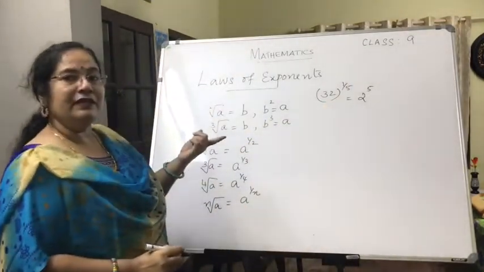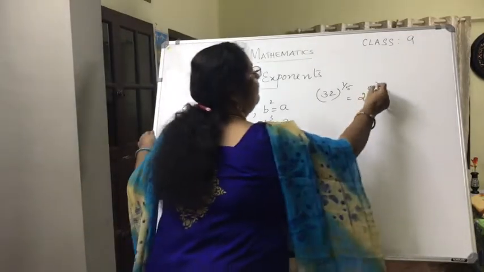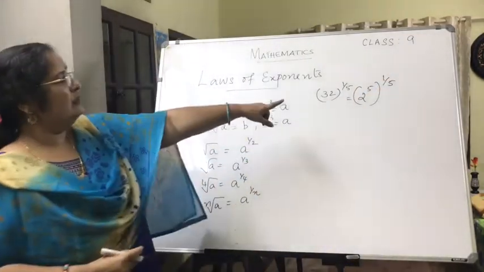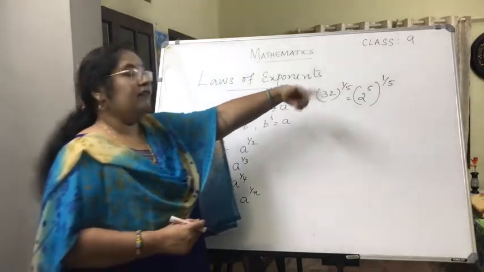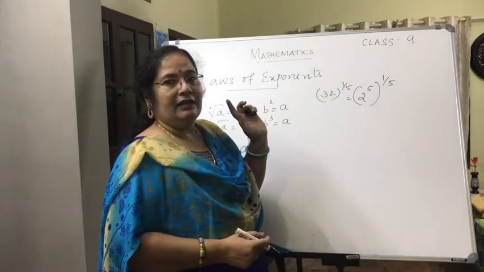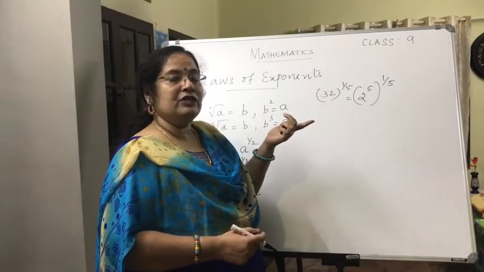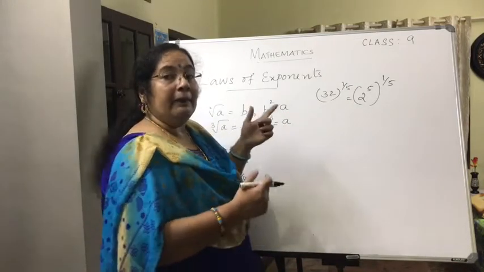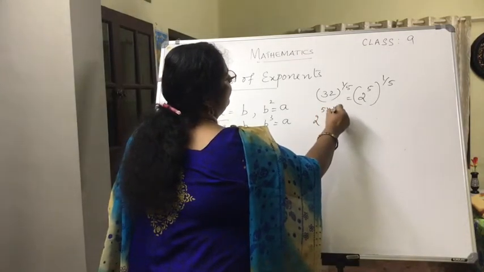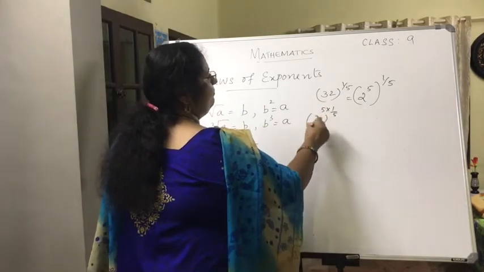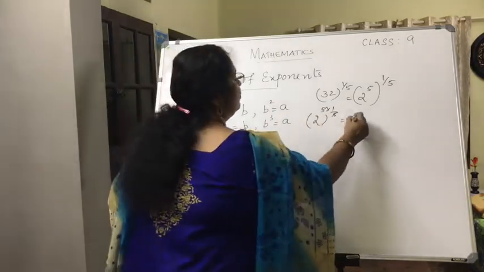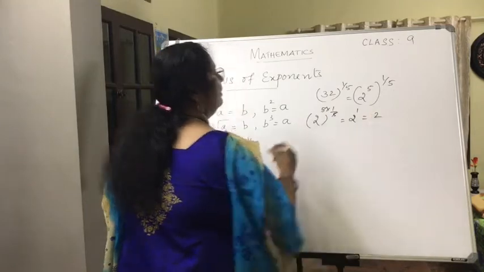So 32 is 2 raised to 5, the whole raised to 1 by 5. This is which form now? Power of power, a raised to m, the whole raised to n. What is that? A raised to m into n. So this will be 2 raised to 5 into 1 by 5. This 5 and 5 get cancelled. What remains? 2 raised to 1, or this is equal to 2.